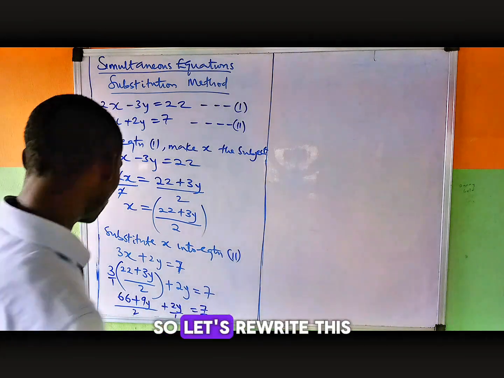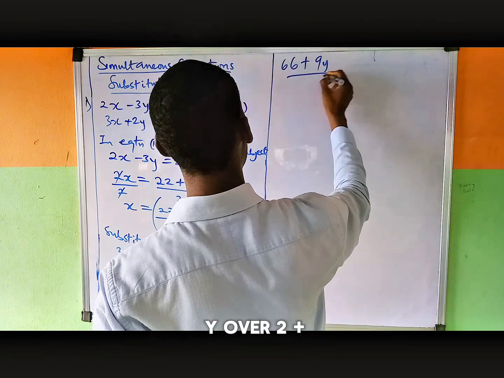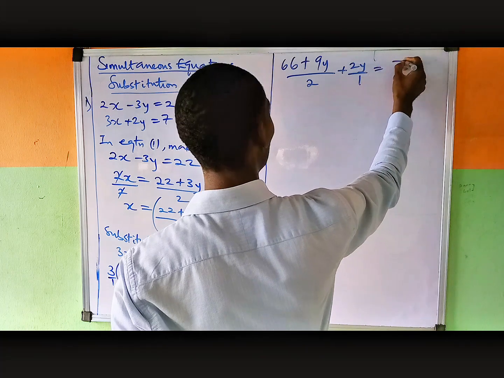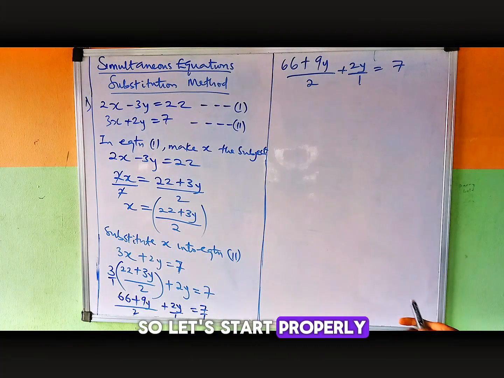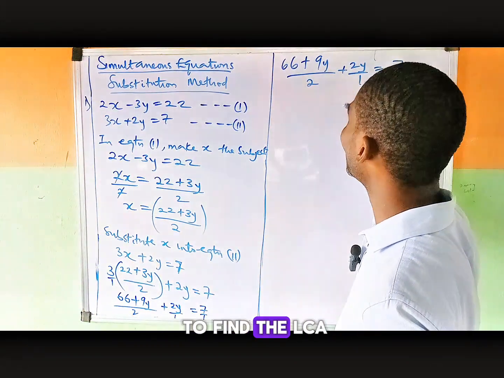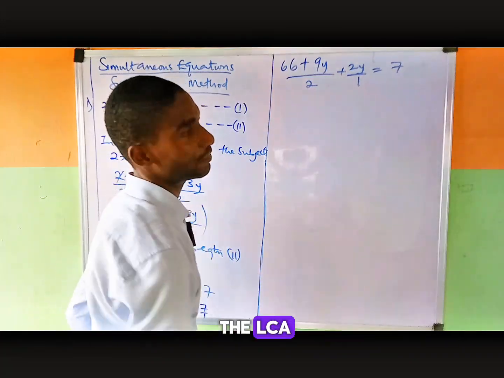So let's rewrite this on the other side. (66 plus 9y) over 2 plus 2y over 1 equals 7. So let's solve from here. The next thing you want to do is to find the LCM of these two sides. So what's going to be the LCM? It's 2.